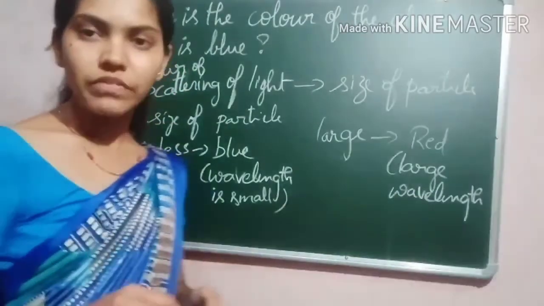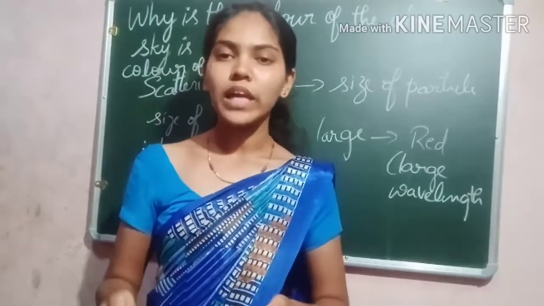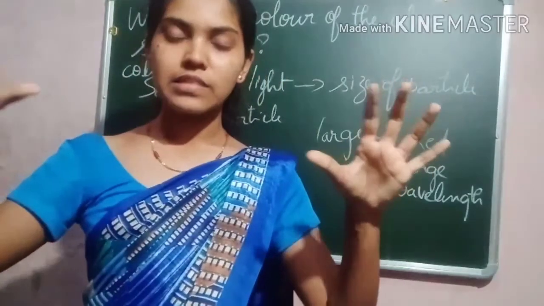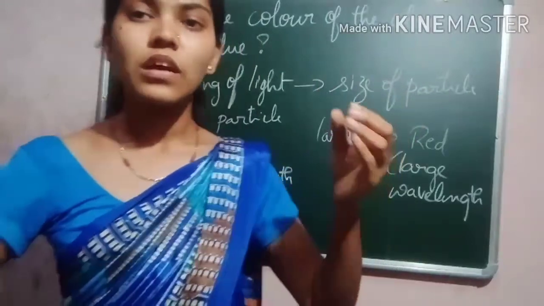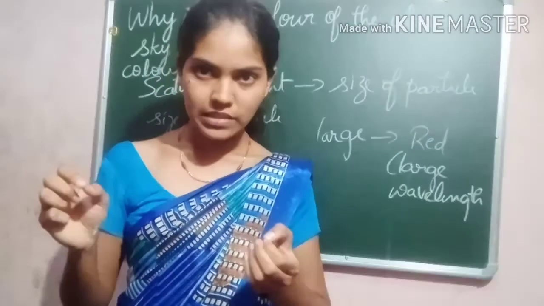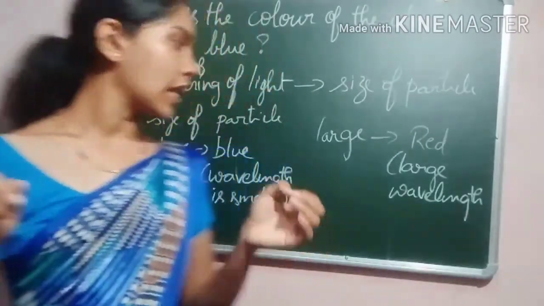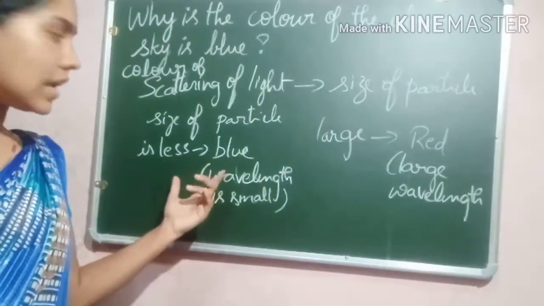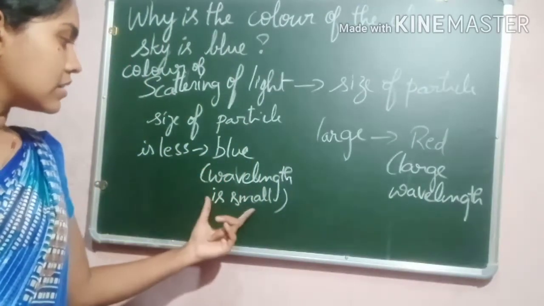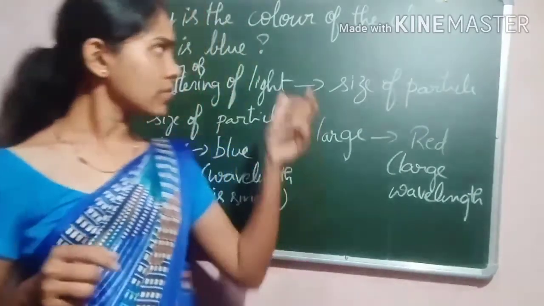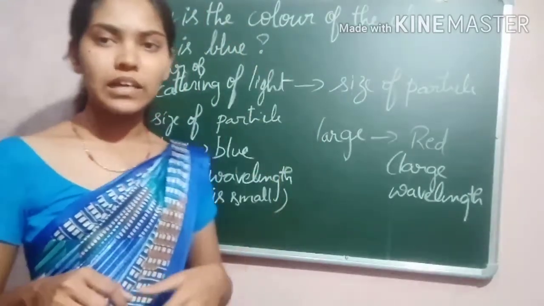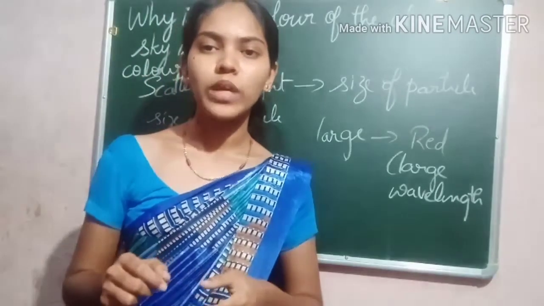In the atmosphere, the dust and smoke particles are very fine, so they are capable of scattering the color with the smaller wavelength, that is blue. That is why the clear sky appears blue in color.